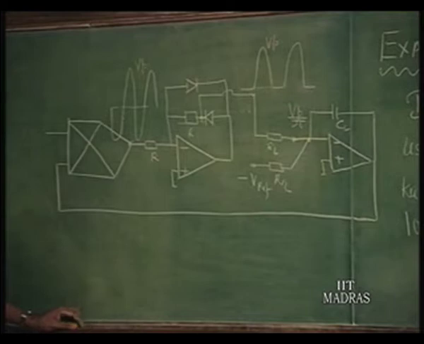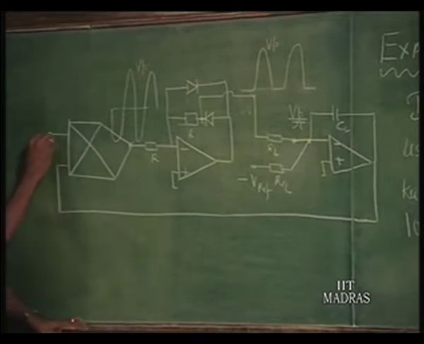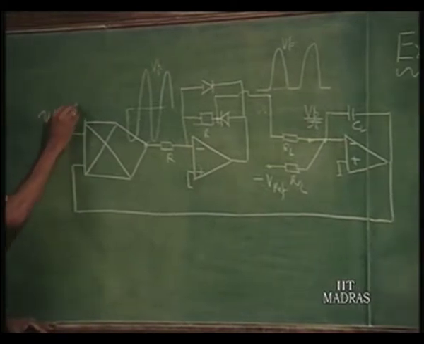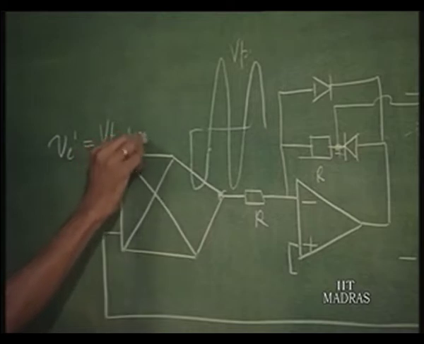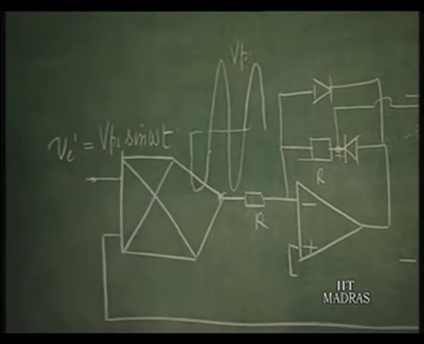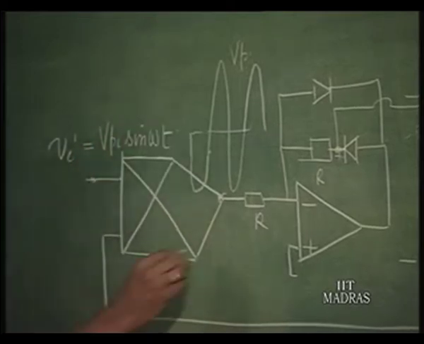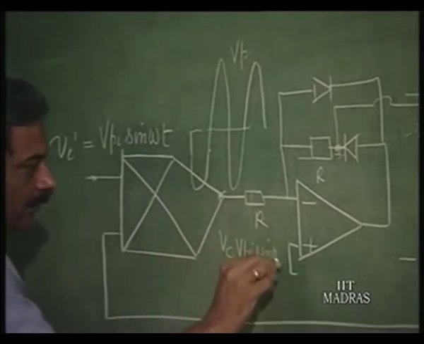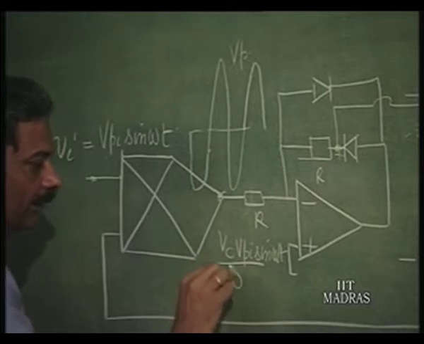Let us consider this. So, this is the Vi, which is Vpi sin omega t. So, here we have Vc Vpi sin omega t divided by 10 as the output.